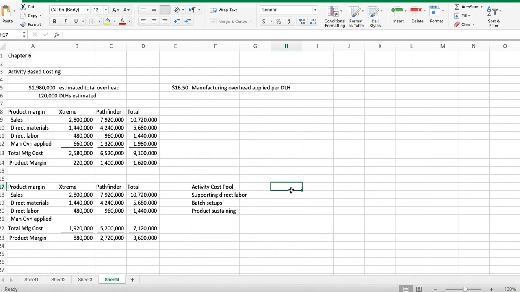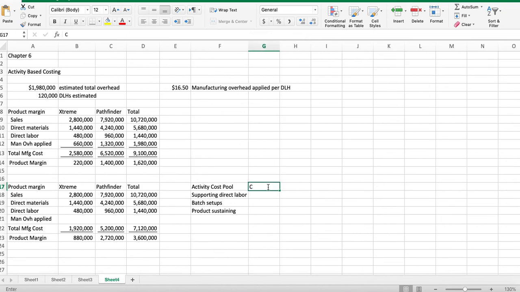So we would not include those in our activity-based costing. So then what we take is our total cost for each one of those. And they're given to us, $783,600, $495, and $602.